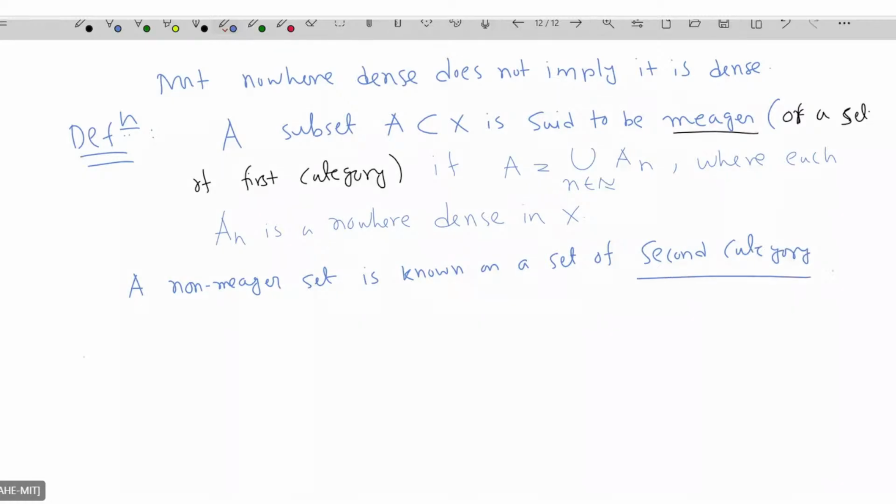So if a set is not meager, that means a non-meager set, then it will be called a set of second category.